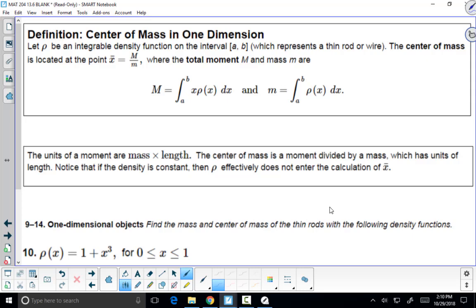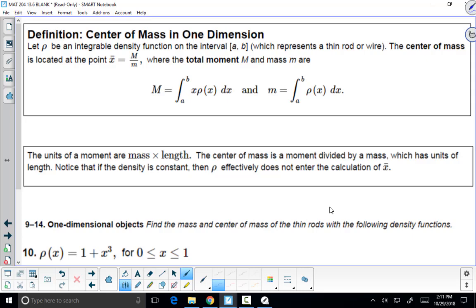Okay, so the first one we looked at had discrete points. Now we're going to look at something where we have a continuous density function. Instead of adding up all the moments like we would with discrete point masses, we integrate to get the total moment or the total mass because we have variable density.